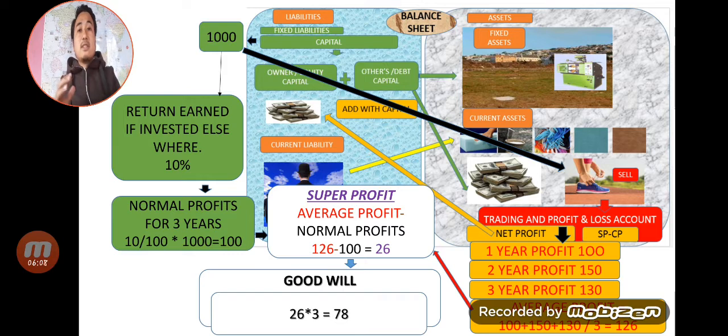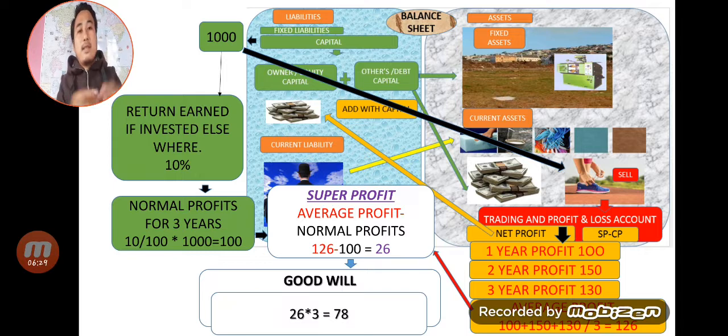If any business is giving extra profit, they will assume for how many years that extra profit is going to continue. When they multiply with that number, in this case the number of years of purchase is 3, the goodwill is calculated.